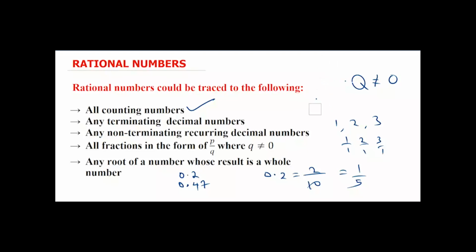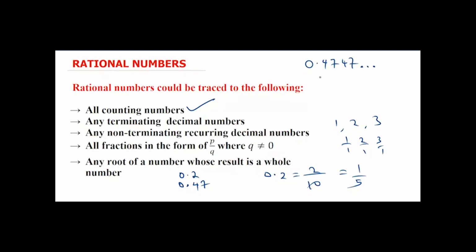Take for instance now, if you have numbers like this, you have 0.4747. You can see that 4 and 7 keep on recurring. So then we need to put a sign of ellipsis here to show us that 4 and 7 keep on recurring.